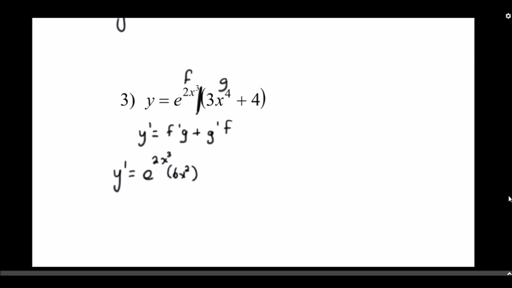Now we need to multiply that by g, so that's 3x to the 4th plus 4. Now we need to add, following the product rule from above. Now we need g prime. G prime is the derivative of that piece of the function, so that's going to be 12x cubed. And now we multiply that by f, which is e to the 2x cubed.